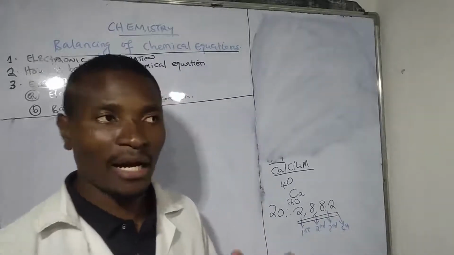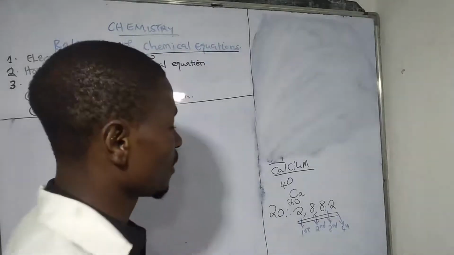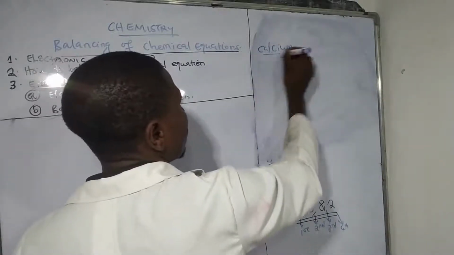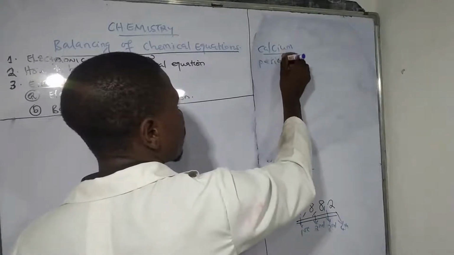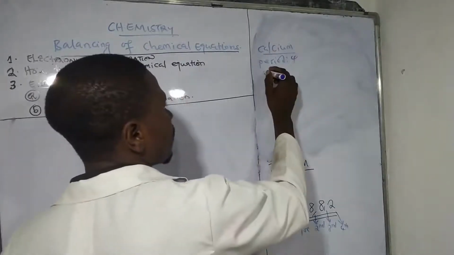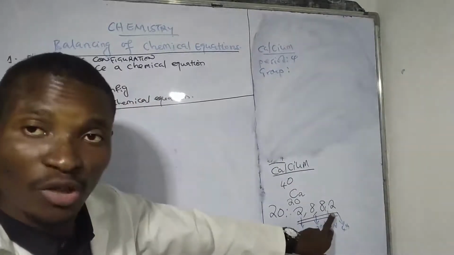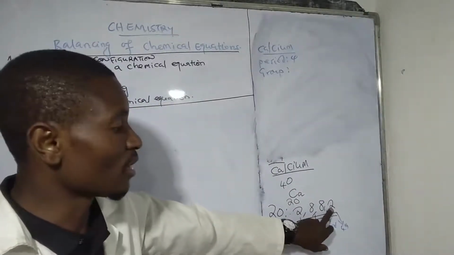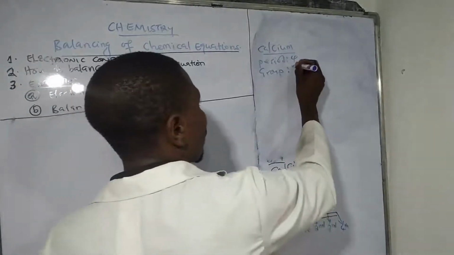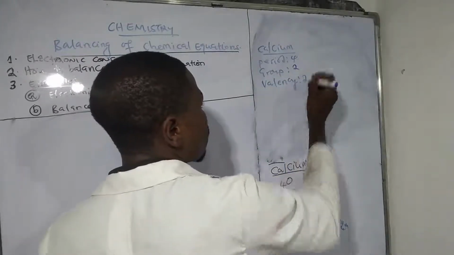So when you configure calcium, it is forming 4 shells, meaning that calcium is in period 4. The last number after you have configured calcium tells you that the group number to which calcium belongs is 2, and then also the valence is 2.